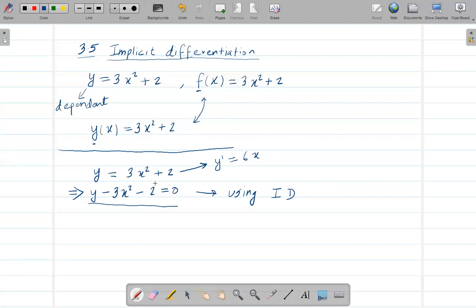So the idea here is I have to take the derivative of all of these terms. So first here, I have to take the derivative of y.